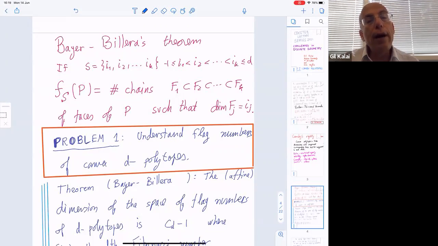Here, for every set S of indices i1, i2, up to ik, where i1 is greater or equal to -1, greater than i2, and so on, greater than ik, greater or equal to d, we can count the number of chains of faces F1 subset F2 all the way to subset of Fk, where the dimension of Fj is equal to ij.